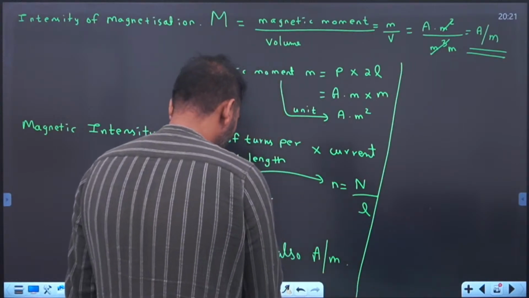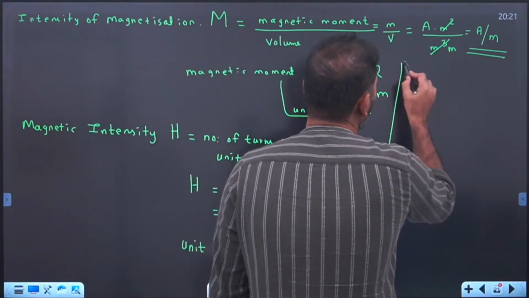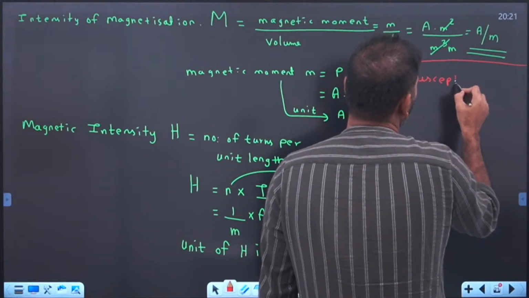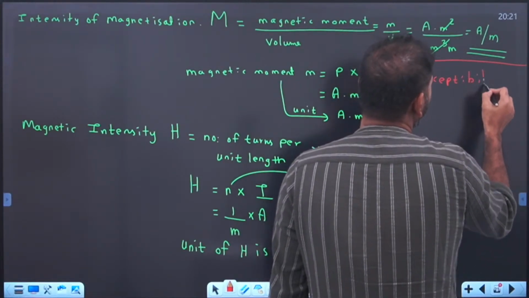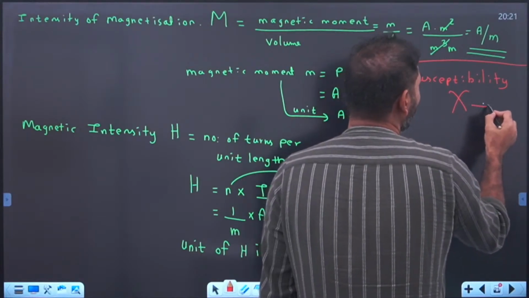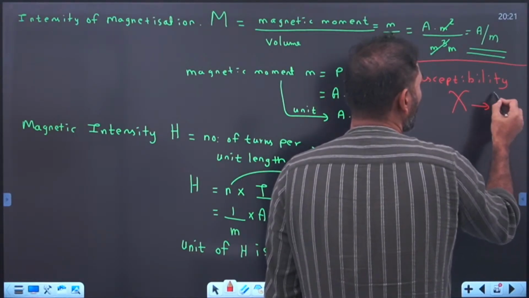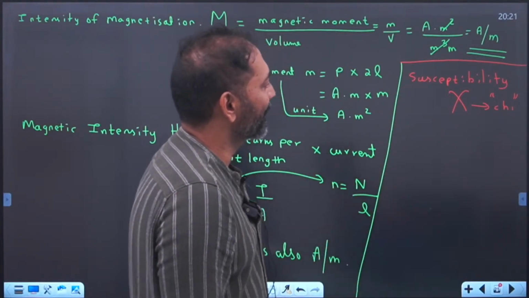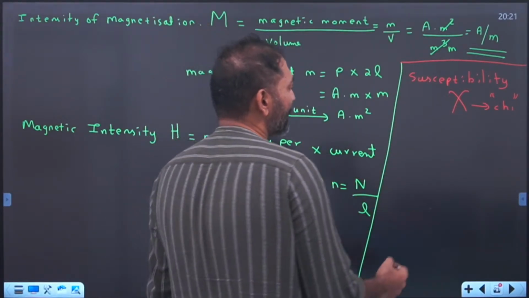Next I am teaching you a very important topic called susceptibility. Denoted by chi, C-H-I. This symbol is called chi. What is susceptibility?